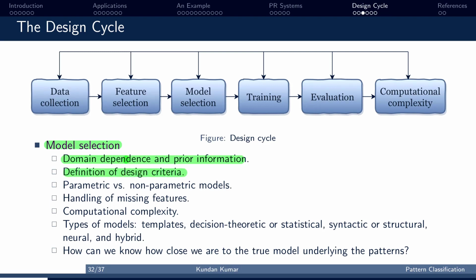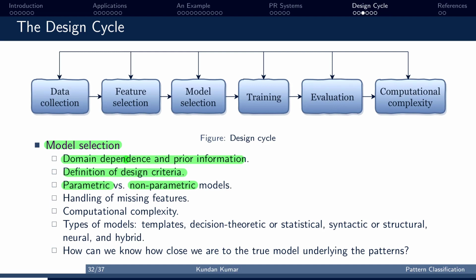Then the definition of design criteria: based on the design criteria given, we also have to choose the model. Our model is a parametric model or a non-parametric model. Parametric or non-parametric means whether the distribution is known to us or not, that is, whether the distribution of the experiment behind our data samples is known to us or not.